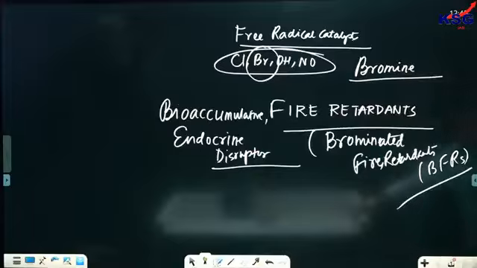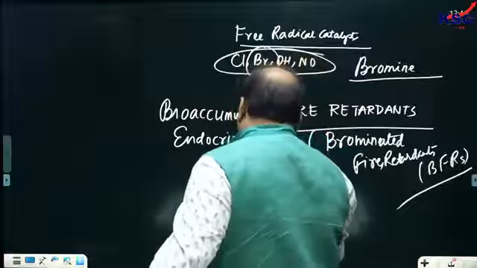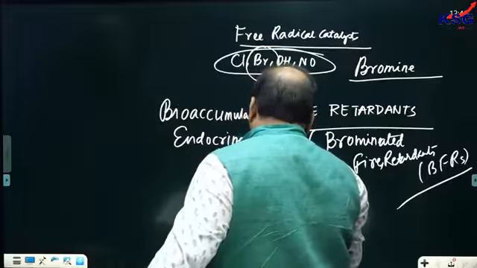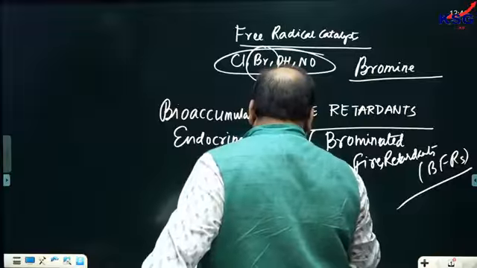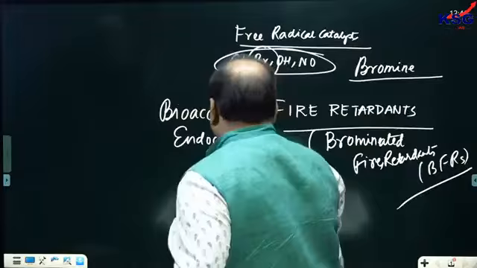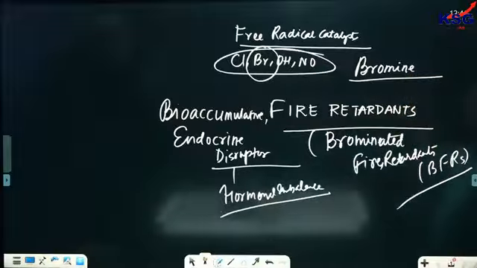So if it is acting as an endocrine disruptor, it means that hormonal imbalance inside the body has taken place, which results in hormonal imbalance. That's about brominated fire retardants.